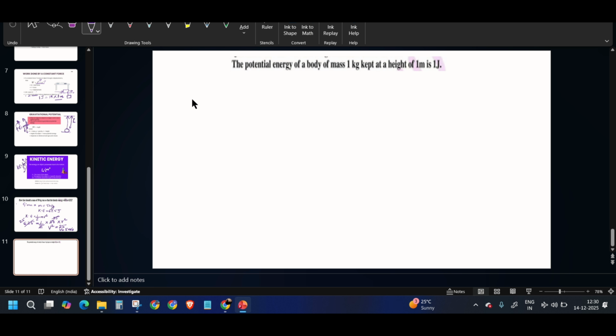Coming to the next question. As this question is a true and false based question, we have to observe this statement, whether it is a false or true statement. Let's check it. The potential energy of a body of mass 1 kg kept at a height of 1 meter is 1 joule. So potential energy is given as 1 joule.